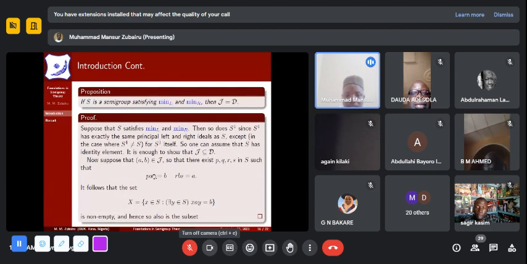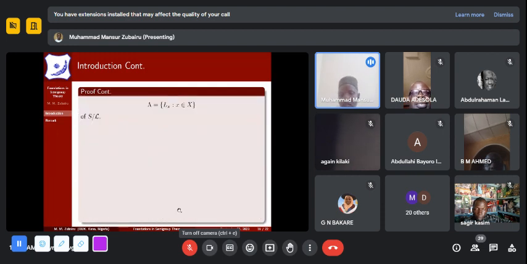At least there is a P. P is in this set X, because P satisfies the condition PAQ equals B. So at least this set is not empty. And if it is not empty, then the corresponding subset of L-classes, the LX such that X is in this set, is also not empty.